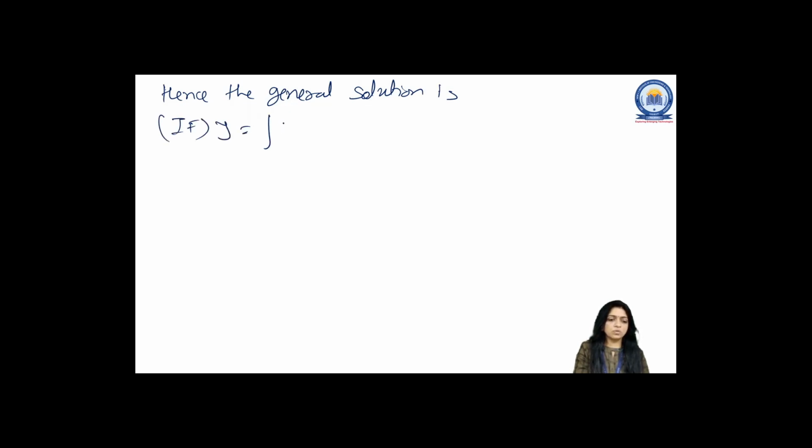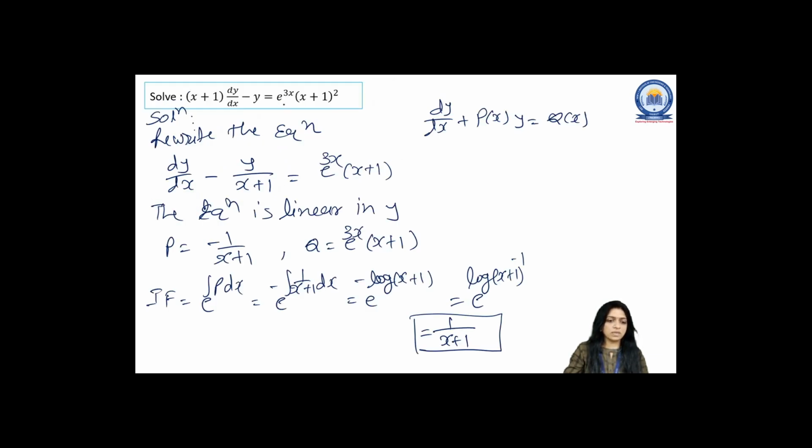Hence the general solution is integrating factor into y is equal to integration of integrating factor into q with respect to x plus c. So your integrating factor is 1 upon x plus 1 into y, and q, that is the right side of the given differential equation, is e raised to 3x into x plus 1.